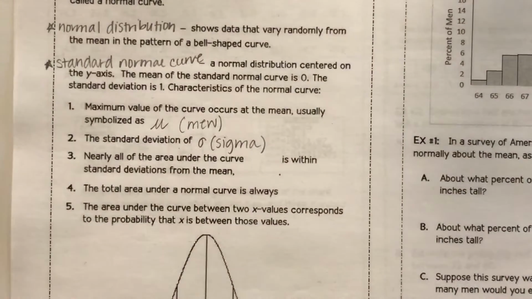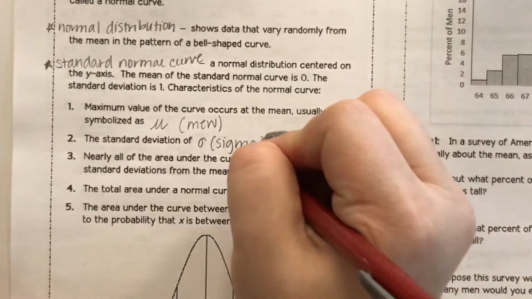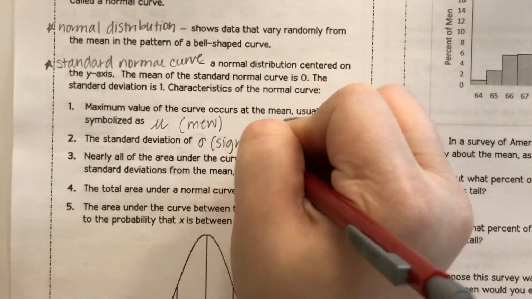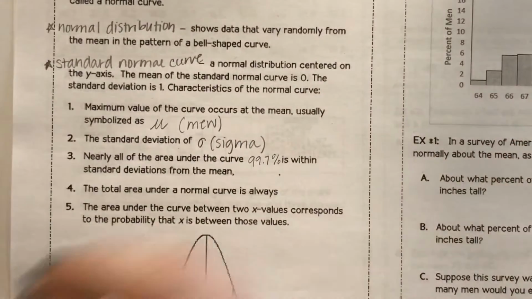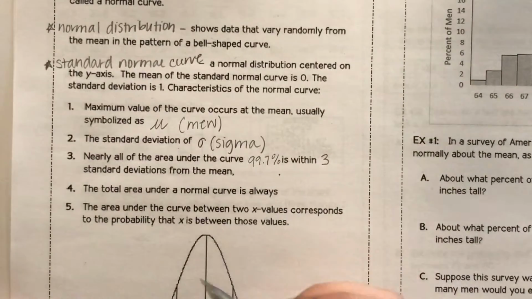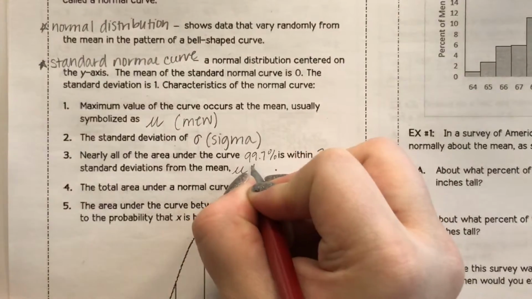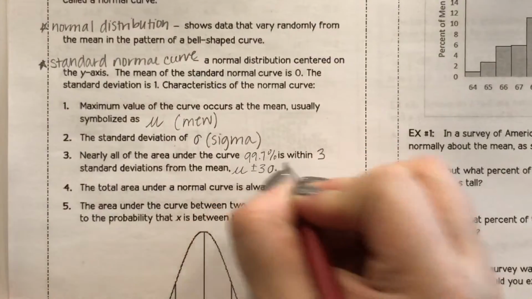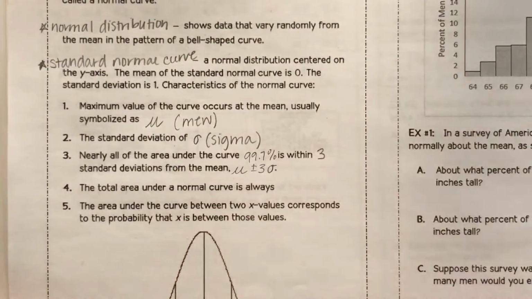Okay? Nearly all of the area under the curve, which we're going to say is 99.7%, is within 3 standard deviations from the mean. And we're going to write it like this: mu plus or minus 3 sigma.